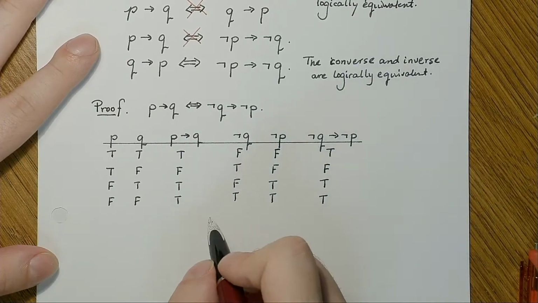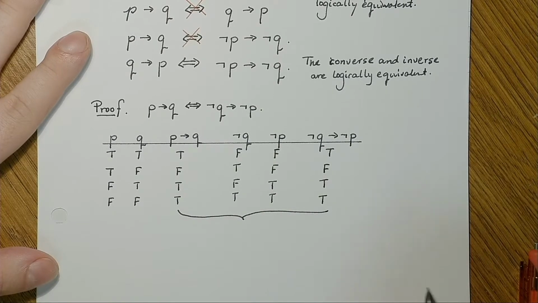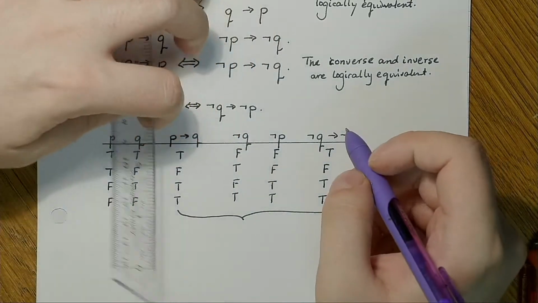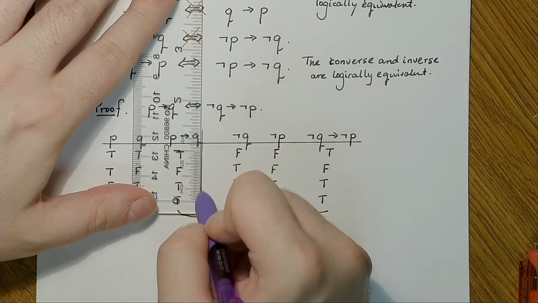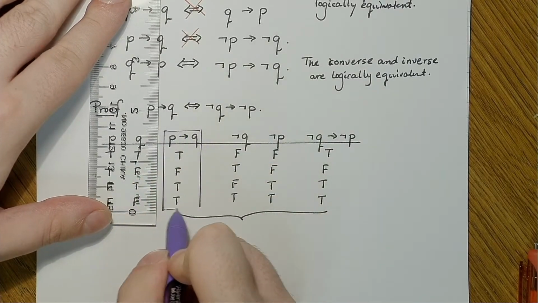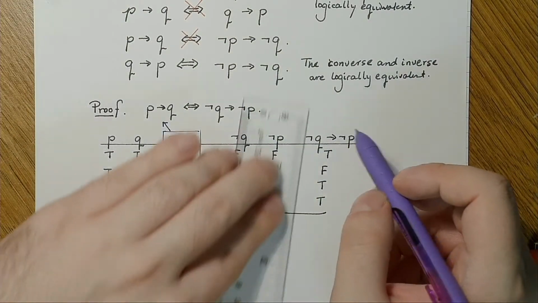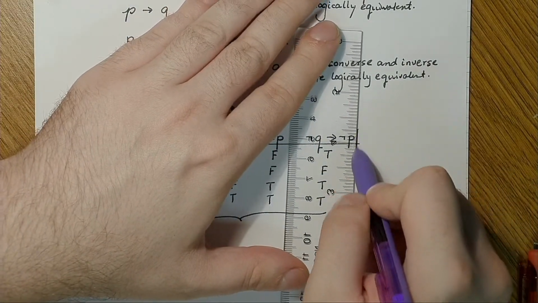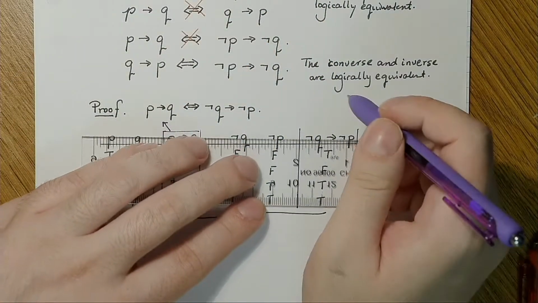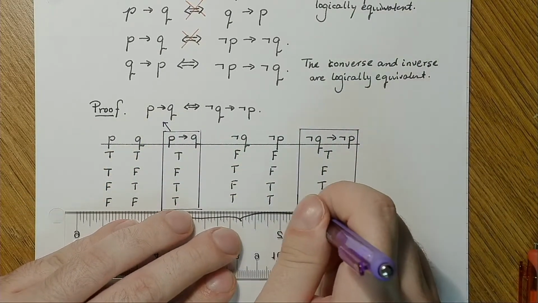Making sure that I'm looking at the right columns. I want to make sure that I'm looking at this one. It's okay to make mistakes.